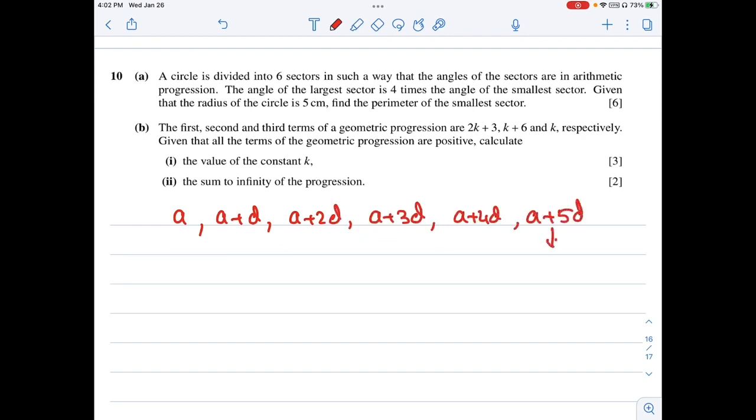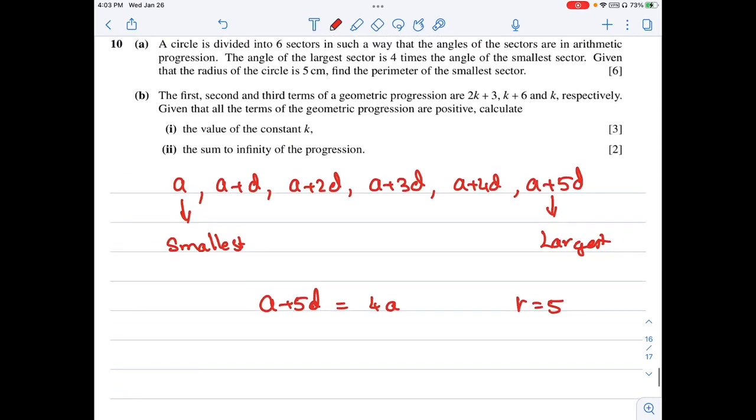So the largest one will be A plus 5D and the smallest one will be A. The largest is 4 times the smallest, equal to 4A. Given that the radius of the circle is 5 centimeters, find the perimeter.